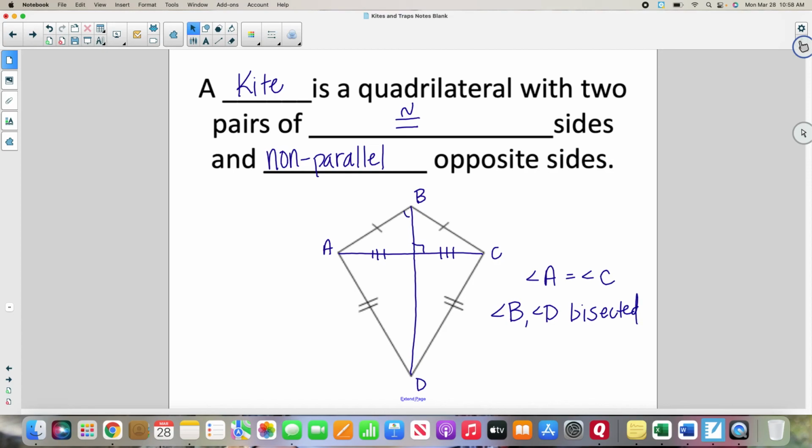So these angles are cut in half, while these angles are congruent. The short diagonal has angles that are congruent, and the long diagonal has angles that are bisected. How many degrees total is that kite going to have? 360.